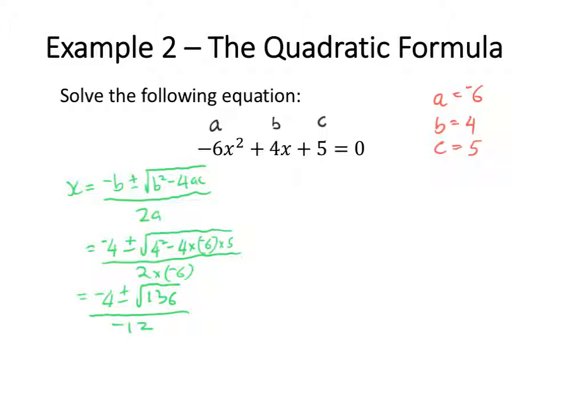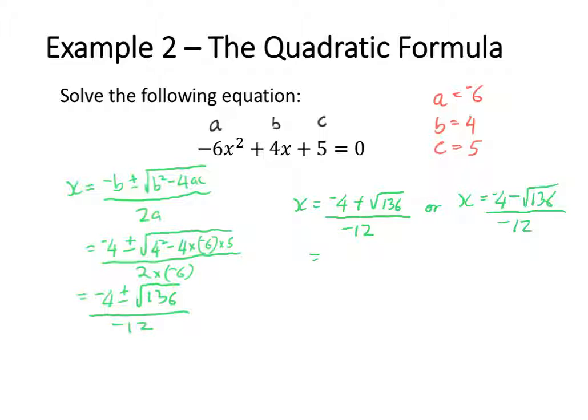So at this point I split my formula and it becomes x is equal to negative 4 plus the square root of 136 divided by negative 12, or x is equal to negative 4 minus the square root of 136 over negative 12.